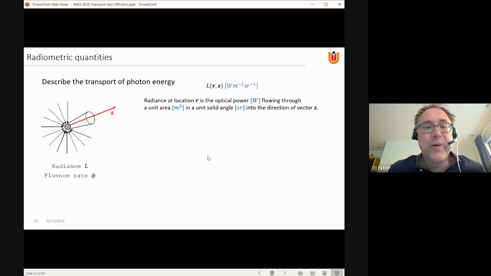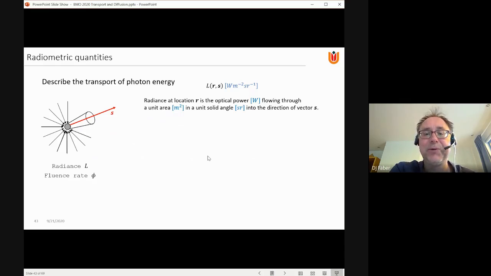The second one is the radiance, which is a local property inside the tissue. We can define an area in the tissue at the location R. It's three-dimensional, so R is a vector inside the tissue.